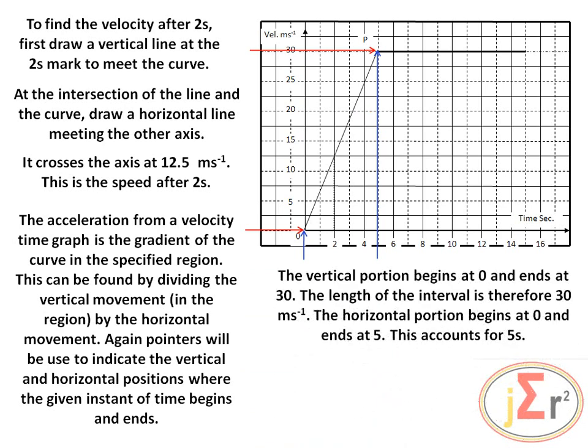The vertical portion begins at 0 and ends at 30. The length of the interval is therefore 30 meters per second. The horizontal portion begins at 0 and ends at 5. This accounts for 5 seconds. So the acceleration is 30 divided by 5, and that is equal to 6 meters per second squared.